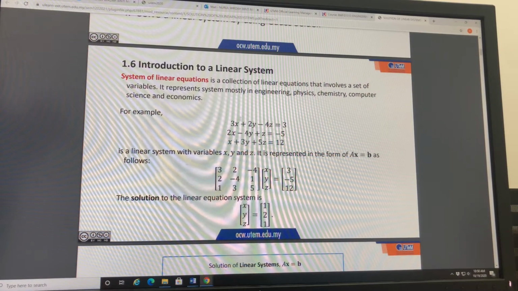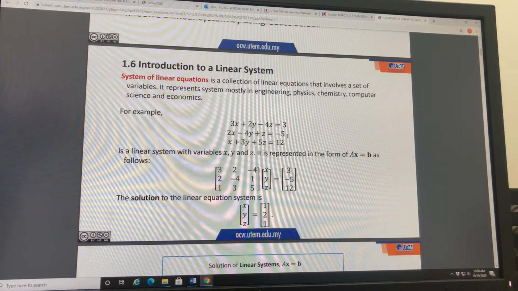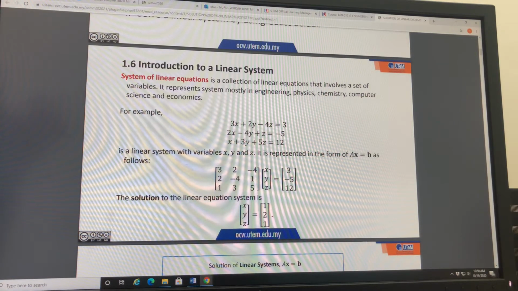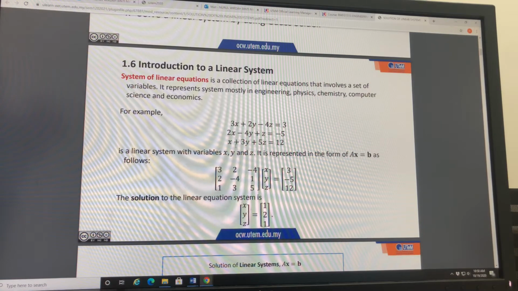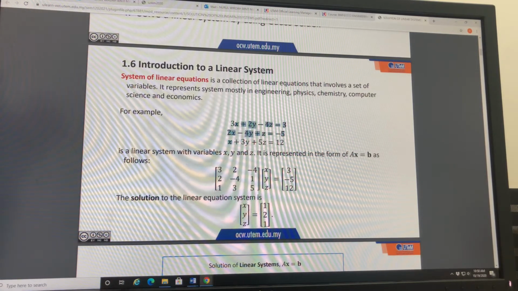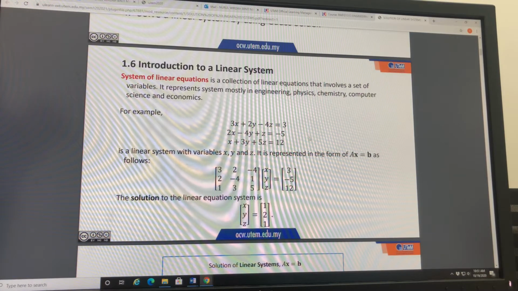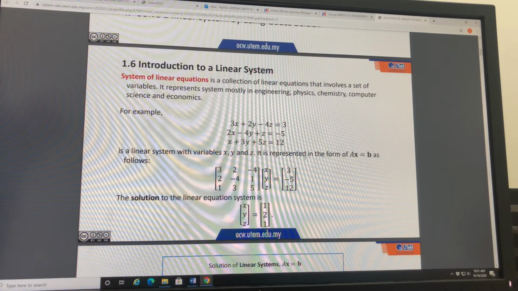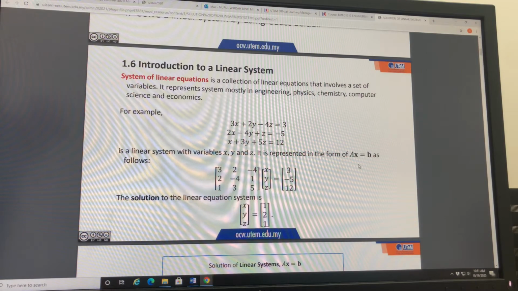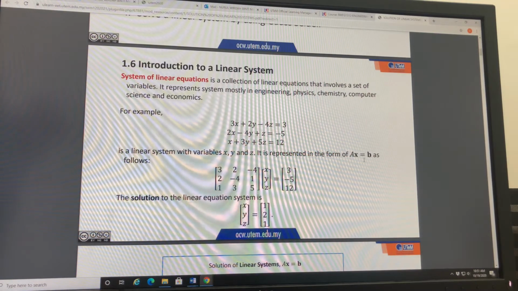Then we combine these, and we call it a linear system. This is a linear system with the variables x, y, z. It is represented in the form AX = B as follows.